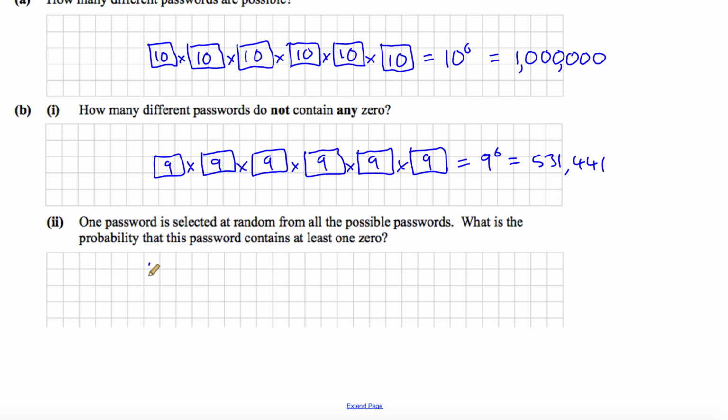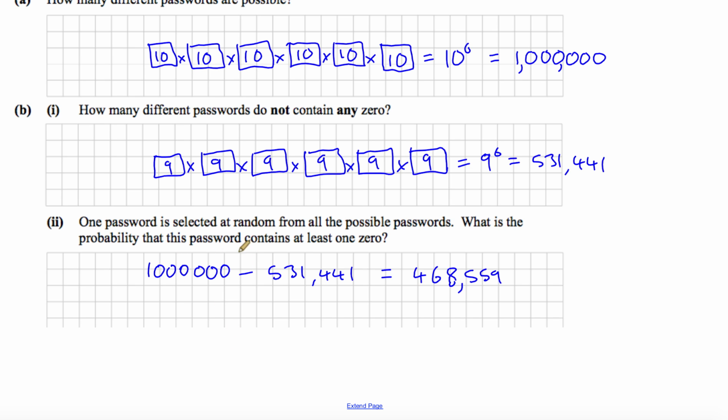In other words, it would be 1,000,000 subtract the 531,441. That leaves 468,559 passwords that do contain at least 1 zero.